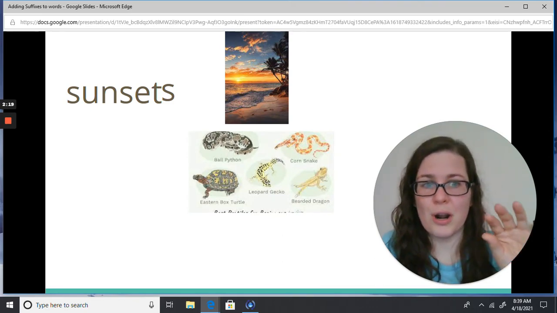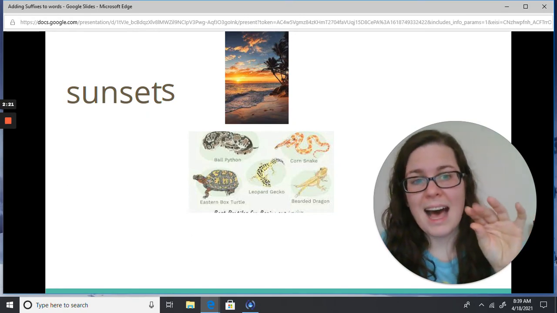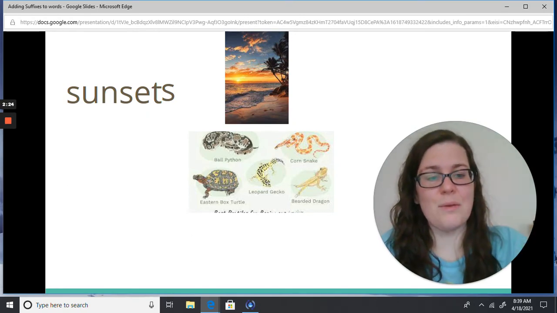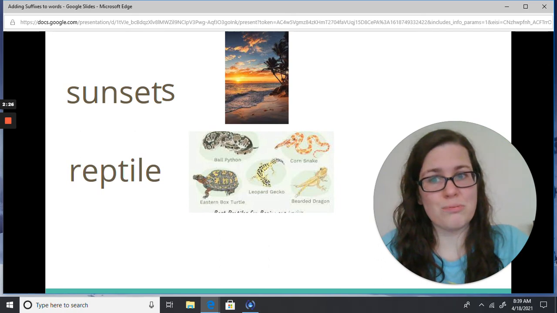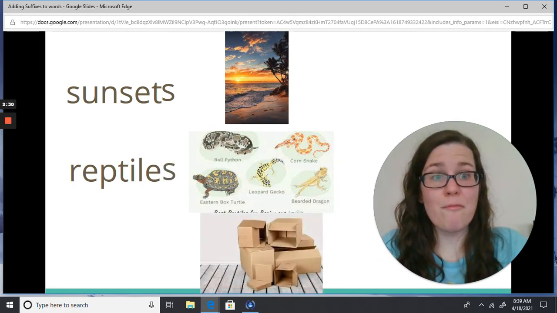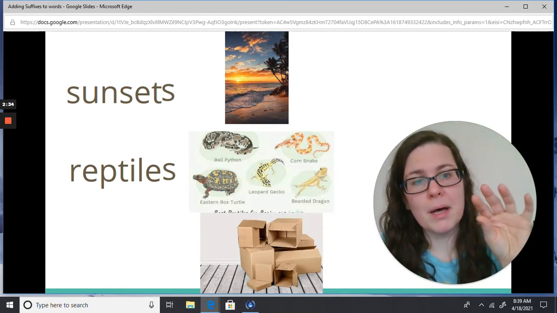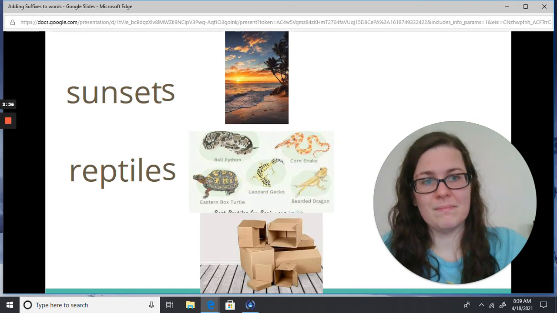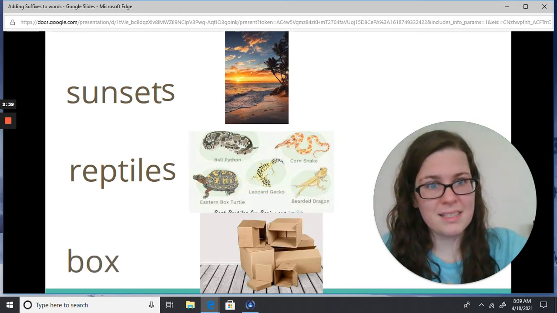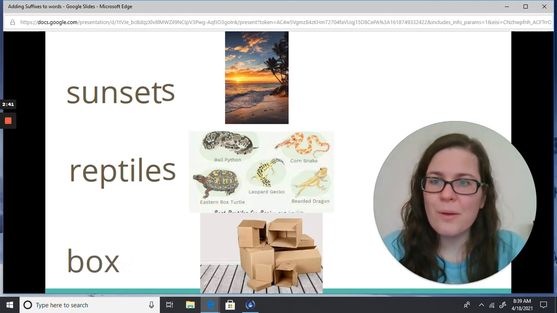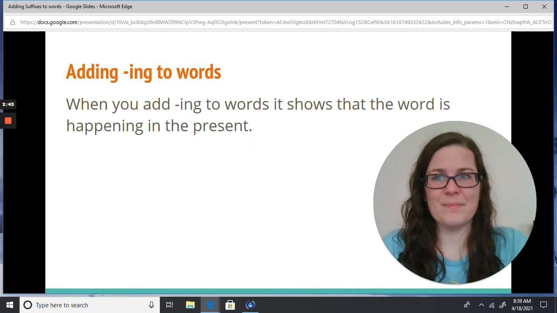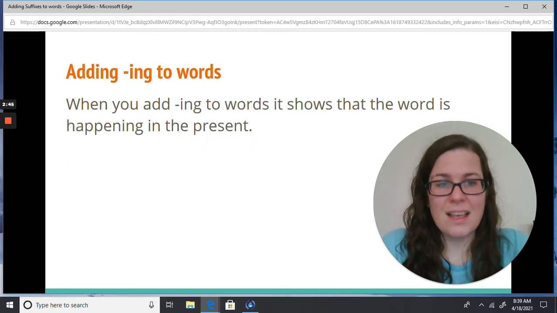Two syllables, rep and tile, and then we add an S. So there's reptile with an S. And then we have boxes. Box. And then what do we add to make it plural? We add that ES.